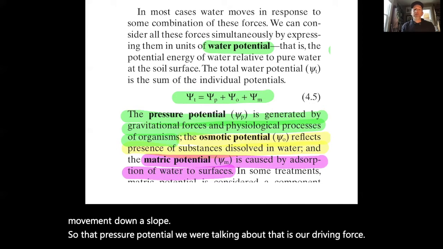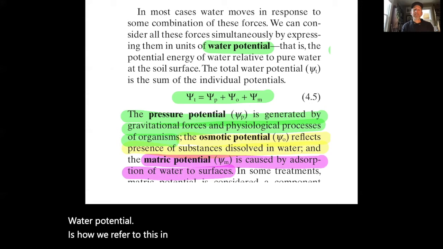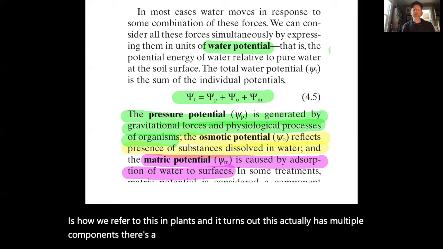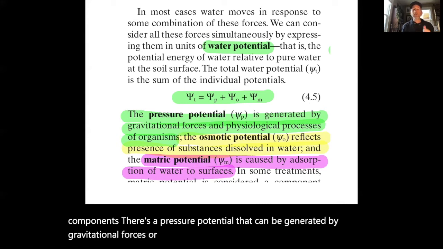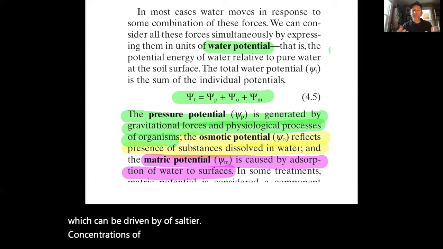Water potential is how we refer to this in plants. And it turns out this actually has multiple components. There's a pressure potential that can be generated by gravitational forces or physiological processes. There's an osmotic potential, which can be driven by saltier concentrations of things like salts and sugars dissolved in water.